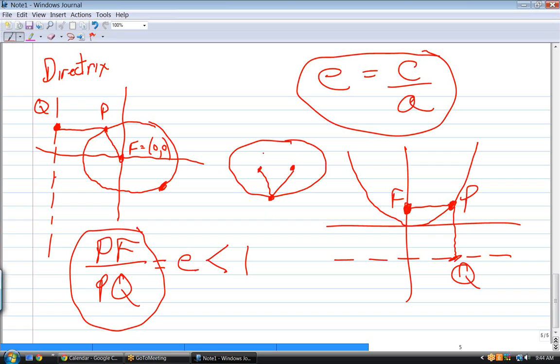And it doesn't matter where my point is. If I had a point up here, that plus that is the same value as in this case here. It doesn't change. It's always a constant.